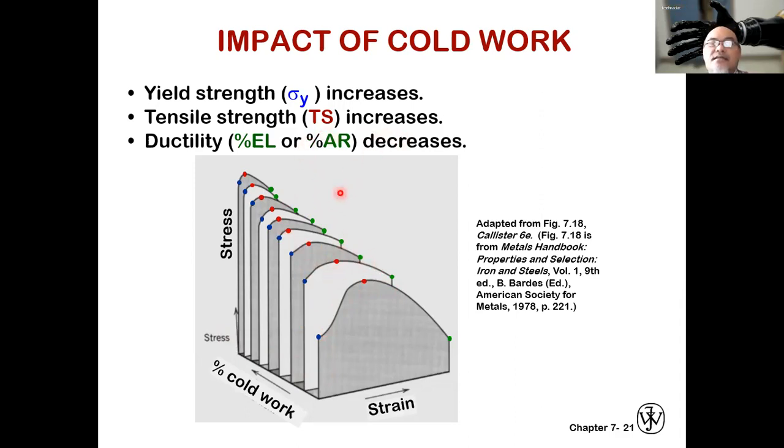However, ductility, the percent elongation, decreases. So when you do cold work, the material becomes harder and more difficult to break, but it will also be more difficult to form, because the ductility decreases.